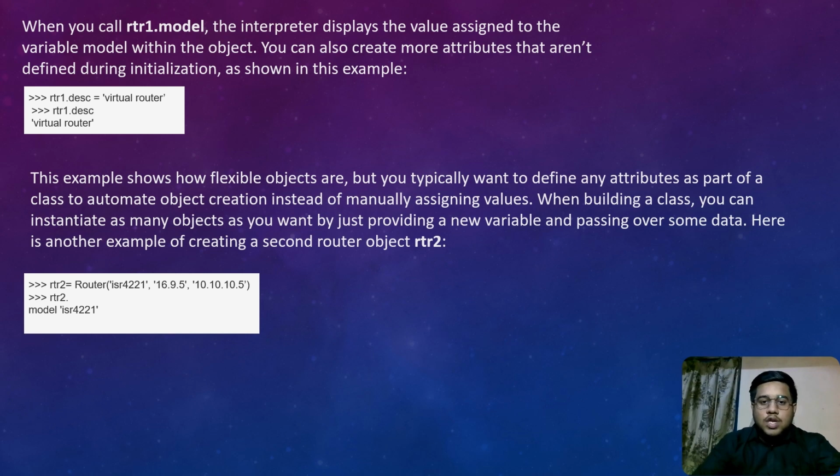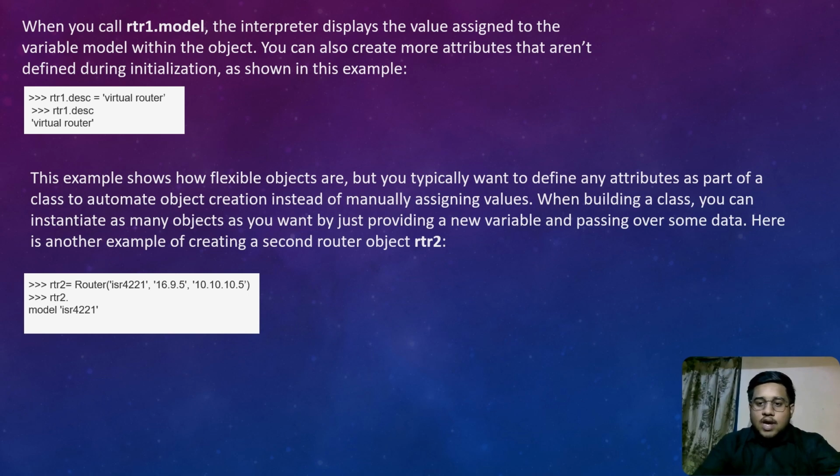You can also create more attributes that aren't defined during the initialization, as shown in the example. This example shows how flexible objects are, but you typically want to define any attribute as part of a class to automate object creation instead of manually assigning values.